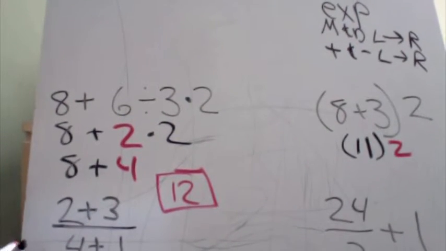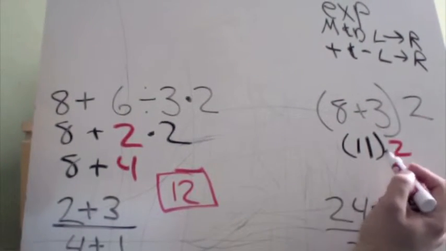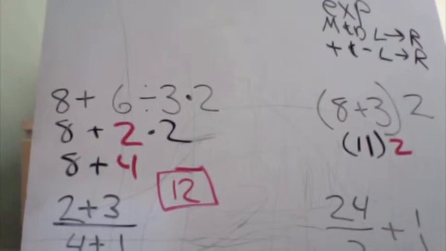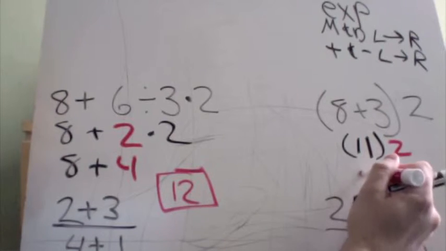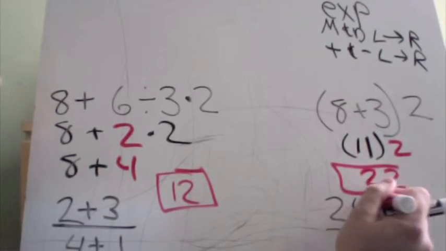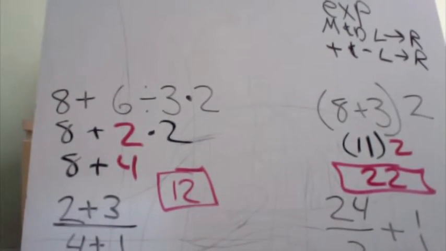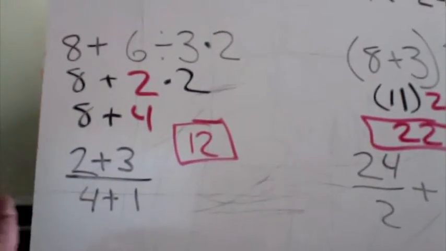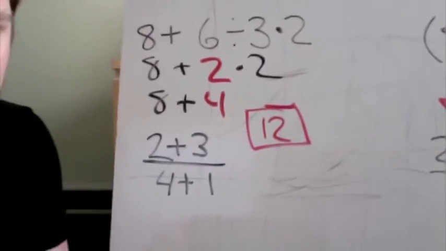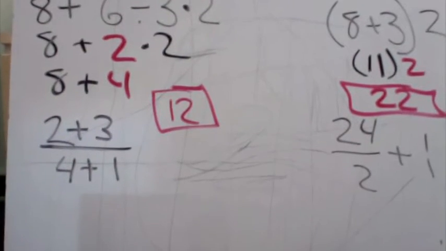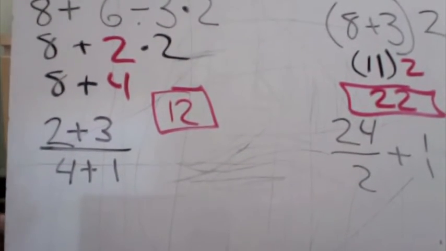But when parentheses are butted up against something, it means multiply. So this is 11 times 2, which is 22.